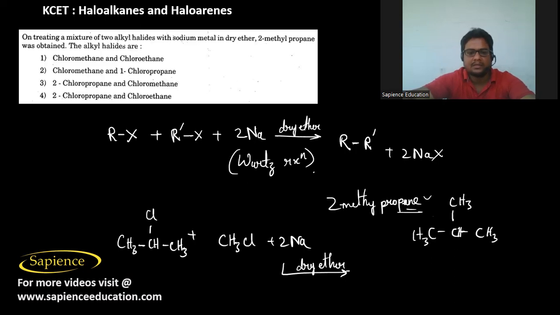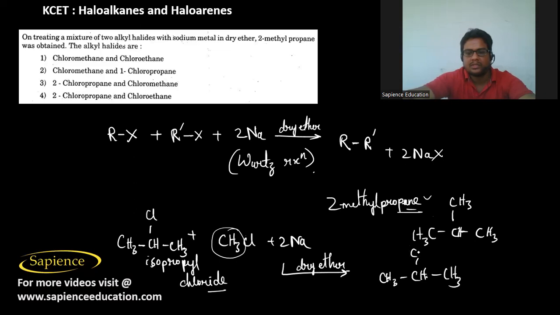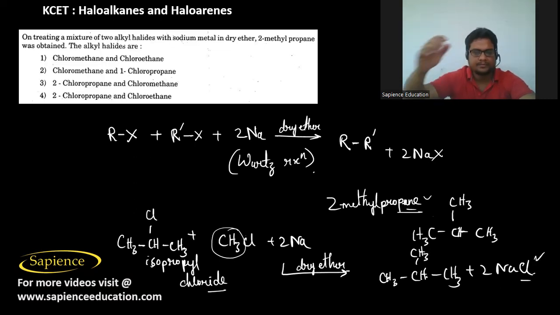Then simply this methyl group will be linked with the isopropyl group, since it is isopropyl chloride. This isopropyl group will be linked with the methyl group, then it will form 2-methyl propane, and 2NaCl will be formed.